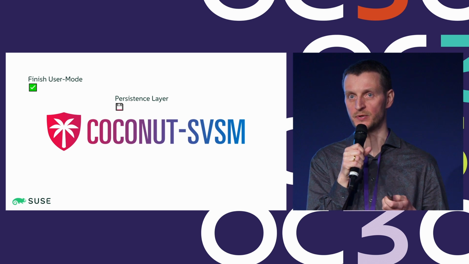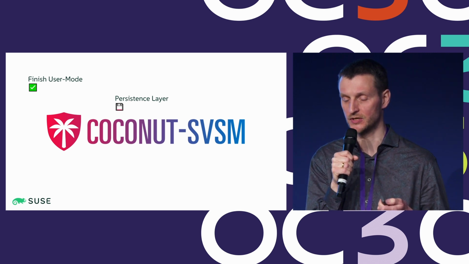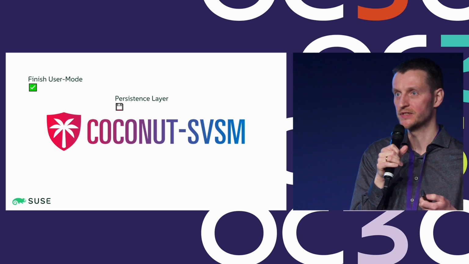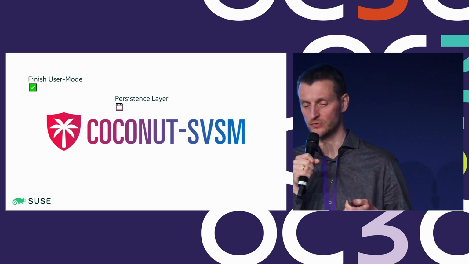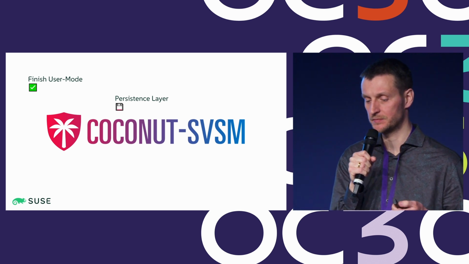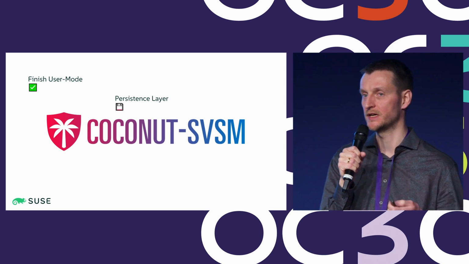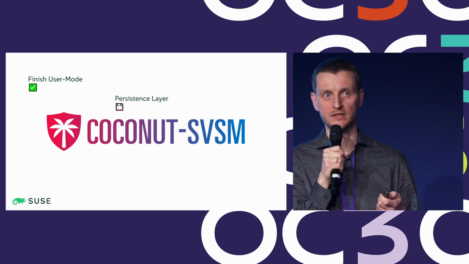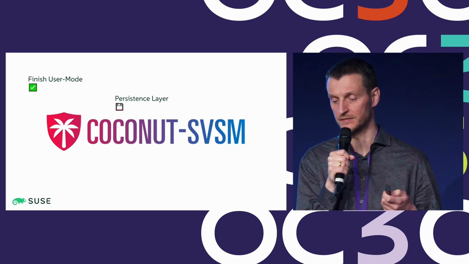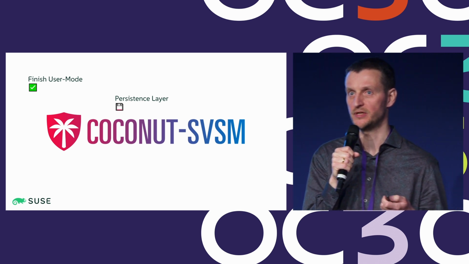A persistence layer is also under development. So there is a PR pending from Red Hat for a VirtIO block device driver. This is hopefully going to be merged soon. Based on this VirtIO block driver, we also need an encryption and file system layer, which is also currently being discussed.